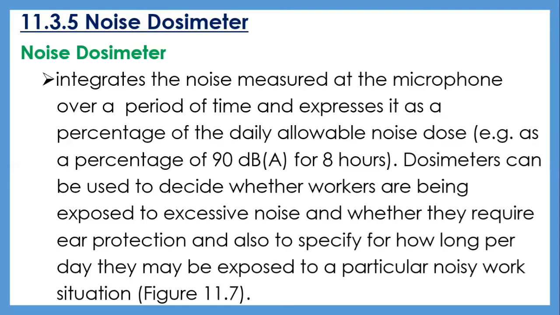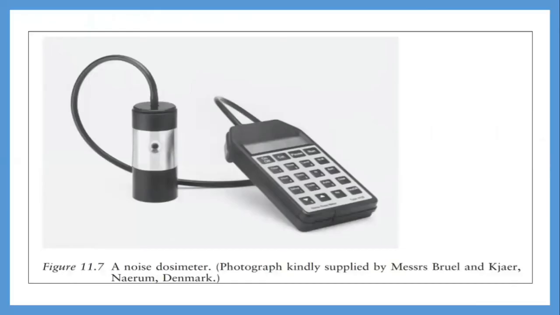Dosimeters can be used to decide whether workers are being exposed to excessive noise and whether they require ear protection, and also to specify for how long per day they may be exposed to a particular noisy work situation. As you can see in figure 11.7, this is an example of a dosimeter.